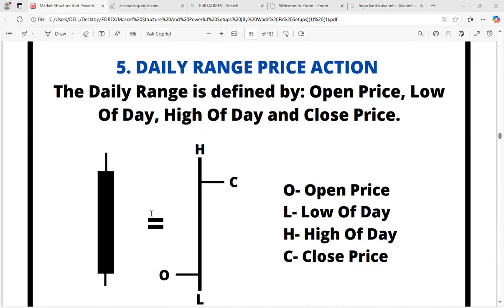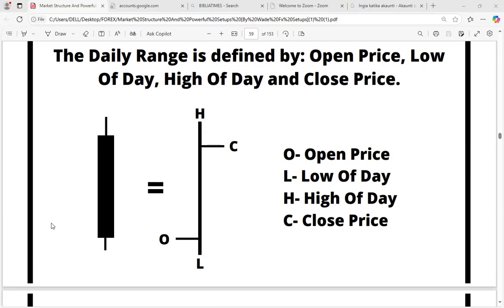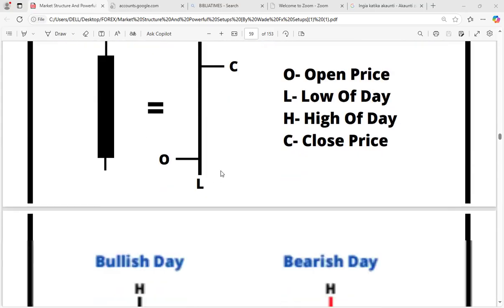This is defined as opening price, low of the day, high of the day, and close price. So we have high of the day at the highest point here. We have low of the day at the lowest point here. Then we have close price and opening price. If the opening price is below, that means this is a bullish candle. But if the opening price is above, that means it is a bearish candle.